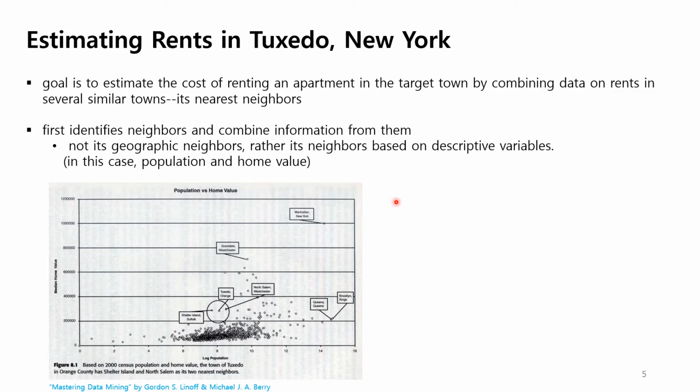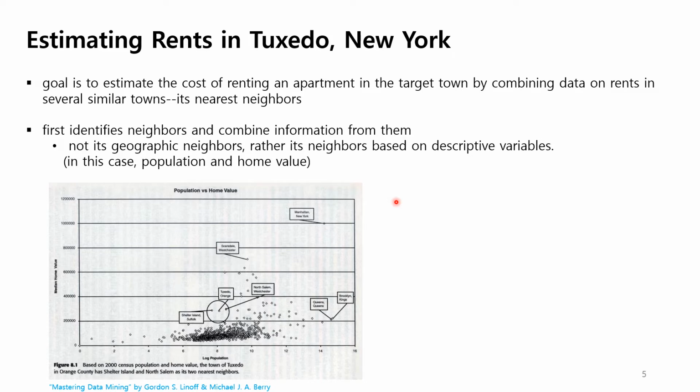As we know, in instance-based learning, we first find similar data, similar neighbors, and then based on the values of the neighbors, we make a decision.